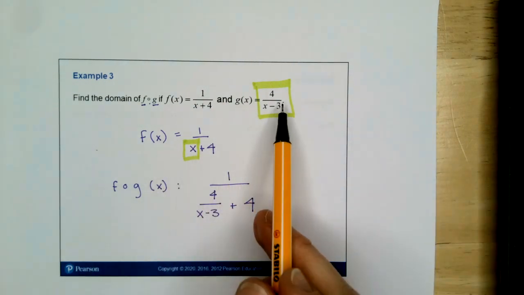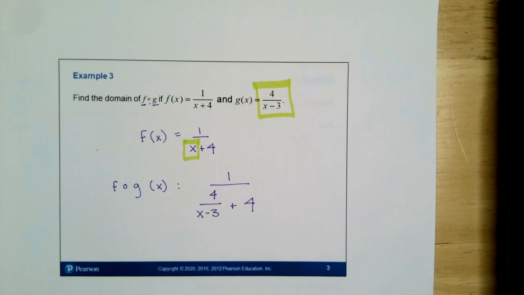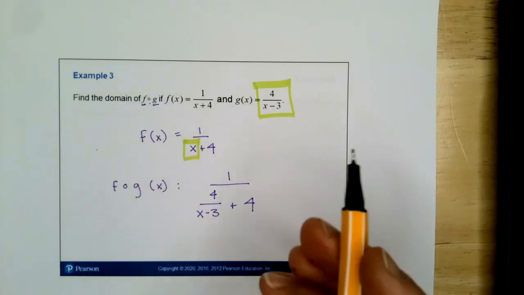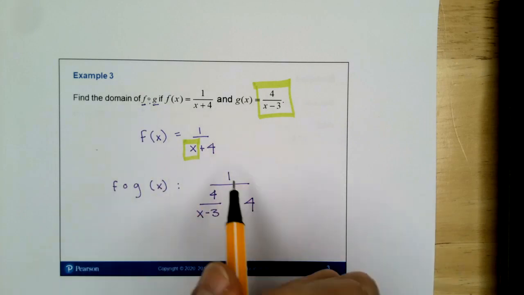Instead of that x, we have 4 divided by x minus 3. Good? Now we want to simplify this. All we need to do is simplify it. They didn't give us a number to substitute in for x. They just asked us to find the domain of it.